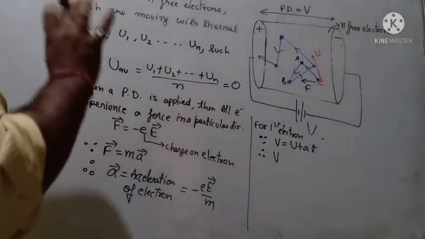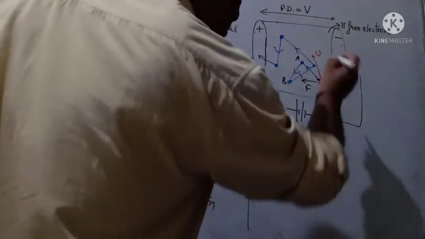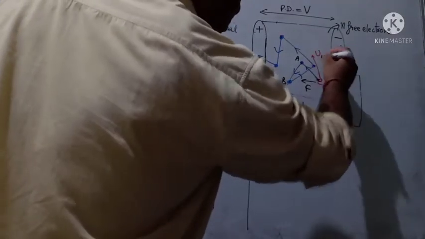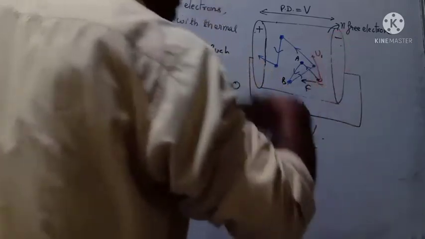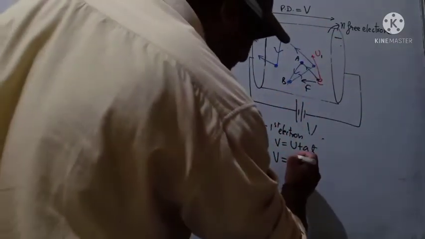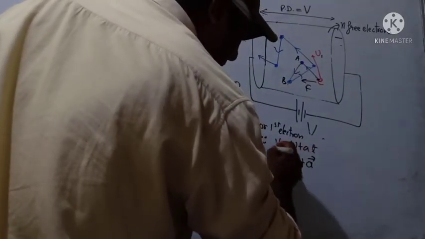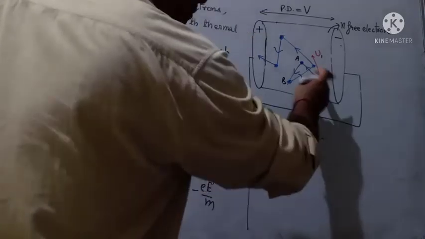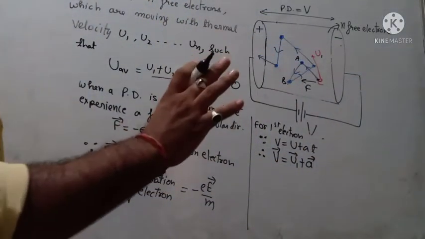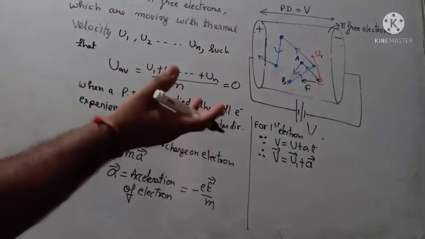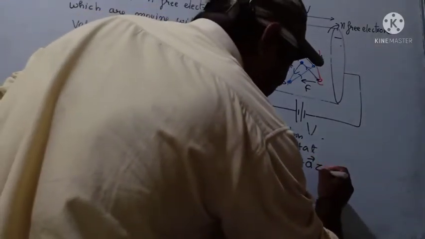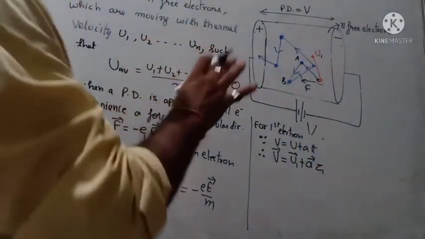We are assuming V. Since it is the first electron, the initial velocity is U1, acceleration A, and time is what we called the relaxation time. It has multiple relaxation times. So this is tau 1, the first relaxation time.